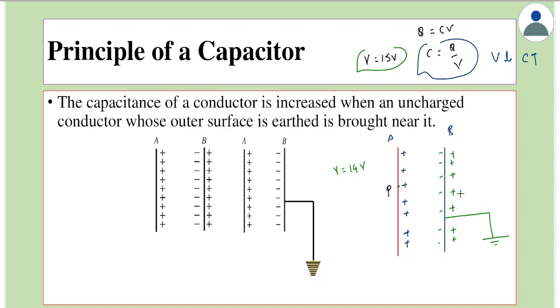So by connecting this plate to the earth, since the earth's potential is 0 and this is positive, electrons will start to flow. Keep in mind that only electrons can flow, not the positive charge. Electrons will flow like this. But by convention, the flow of current or charge is taken as that of positive charge.